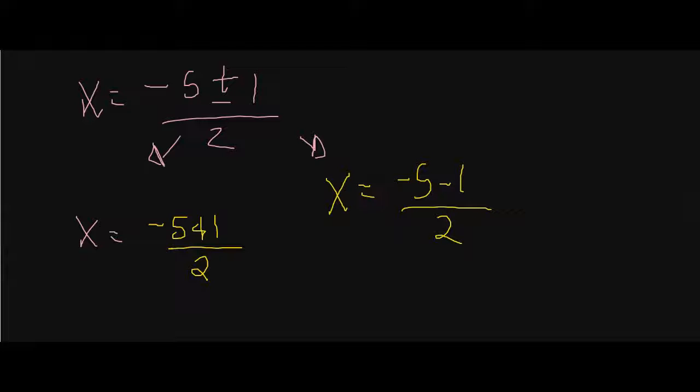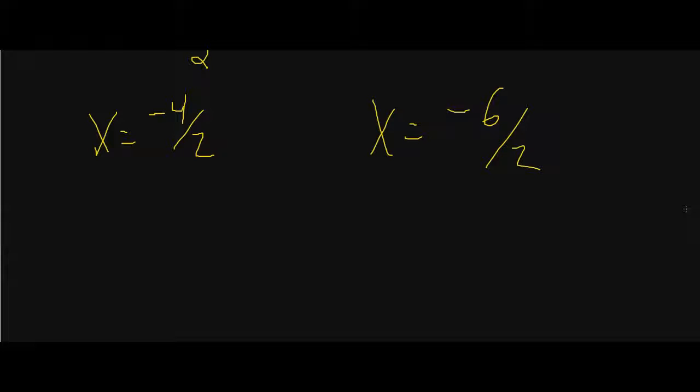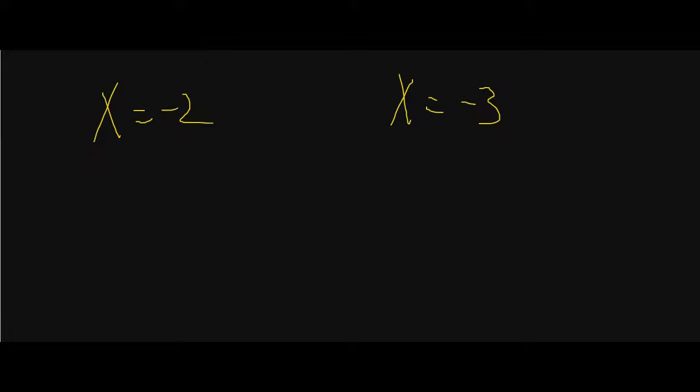Well, x is equal to negative 5 plus 1 is going to be negative 4 all divided by 2, and then x is equal to negative 6 all divided by 2. We're going to get x is equal to negative 2 and x is equal to negative 3. So that means that our roots are going to be located at negative 2 and negative 3.